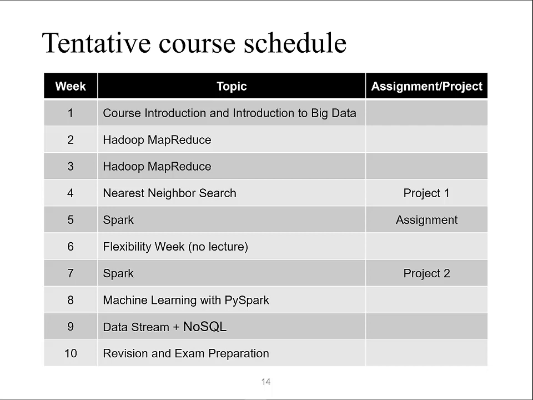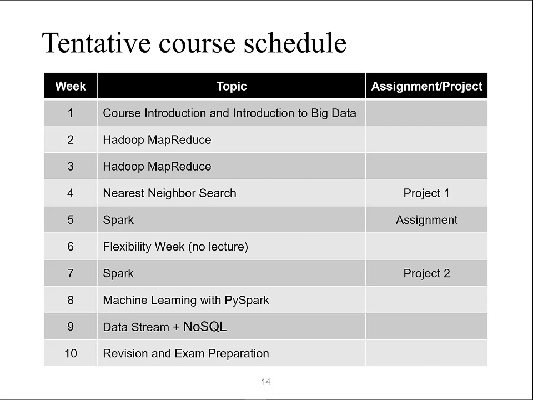Week 5 and week 7 are about Spark, and we will release assignment and project 2, hopefully. Week 8, we will introduce machine learning with PySpark. Week 9 is kind of flexible. It depends on our course progress.